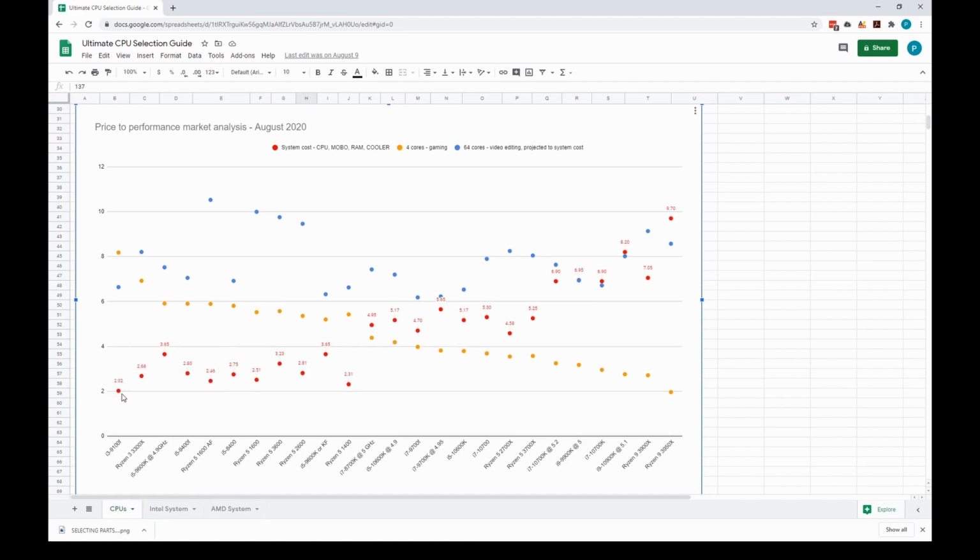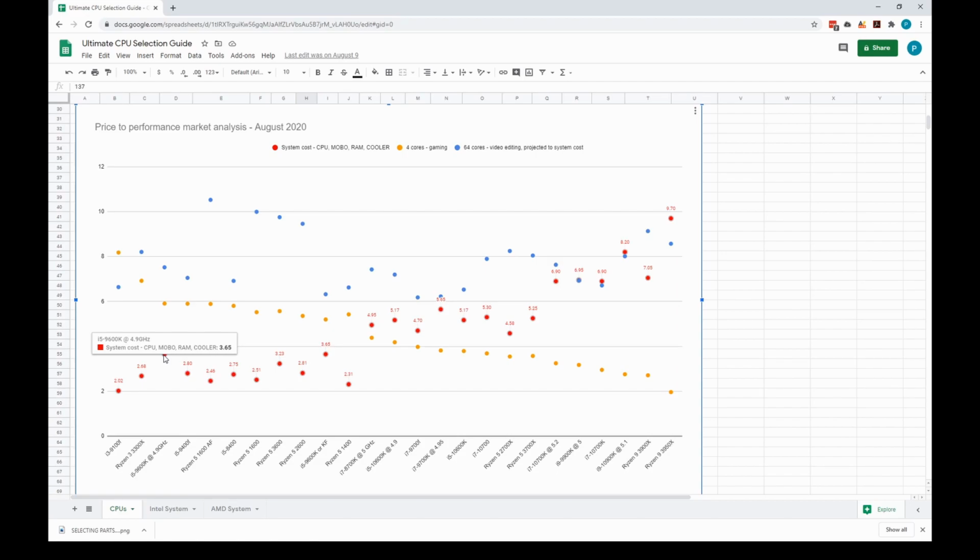First, these red dots are the price. You can see I put numbers on top of them, and if you multiply this by 100, you get the system cost.